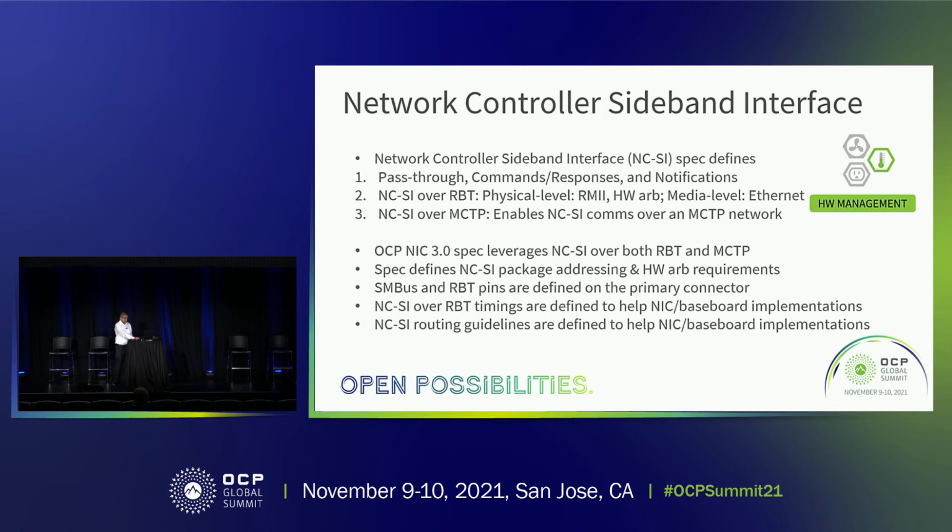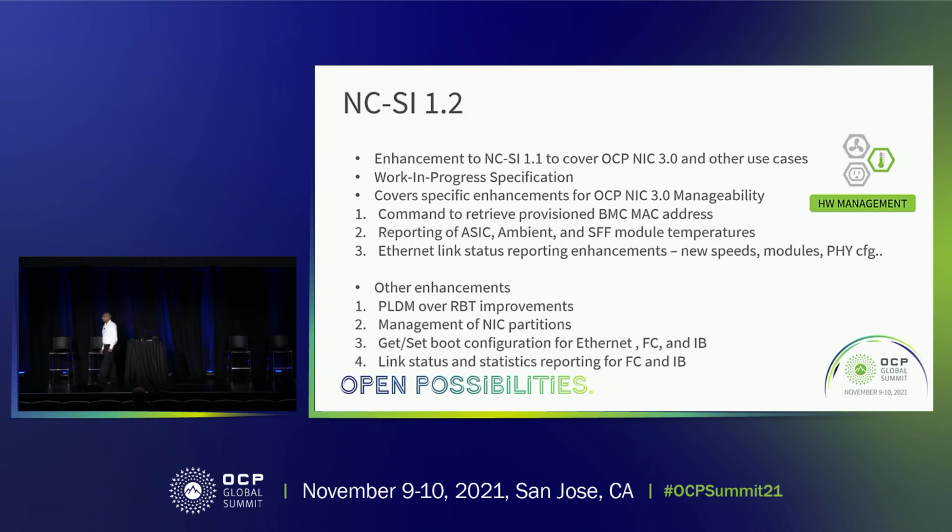So as you can see, that is how OCP NIC 3.0 leveraged the NCSI spec. Let's go to the next slide. Version 1.2 of NCSI specifically greatly enhances the previous versions of NCSI to handle many things that have evolved over the past 10 years in network controllers.